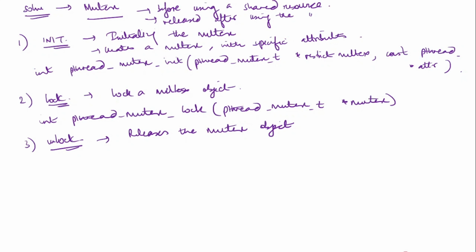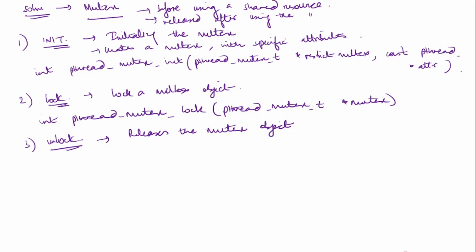If no threads are waiting, the mutex unlocks with no current owner, and the same values are returned: value 0 if it's successful and value -1 if it's unsuccessful.